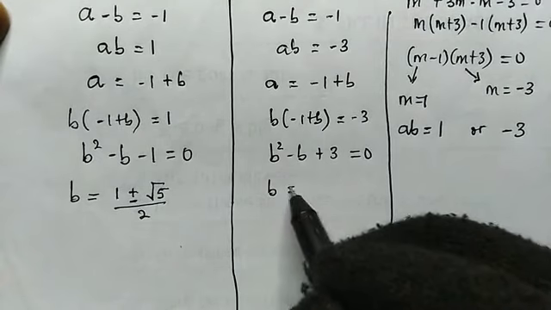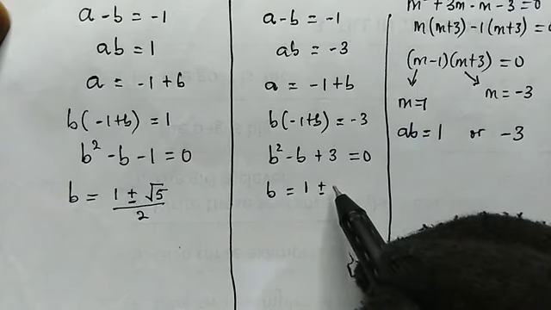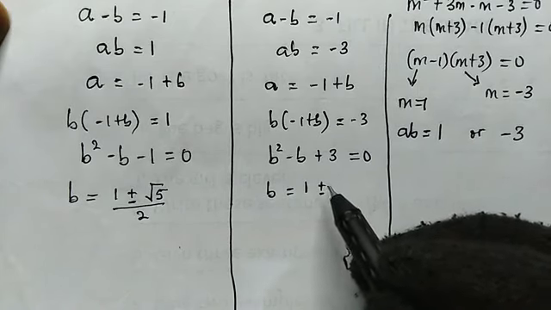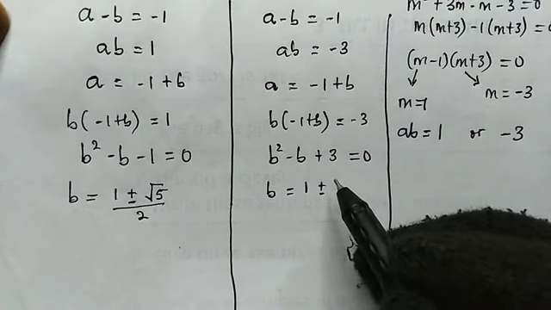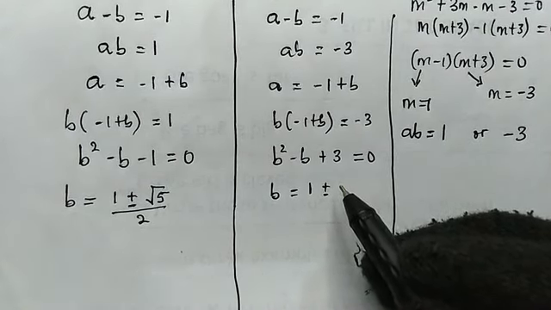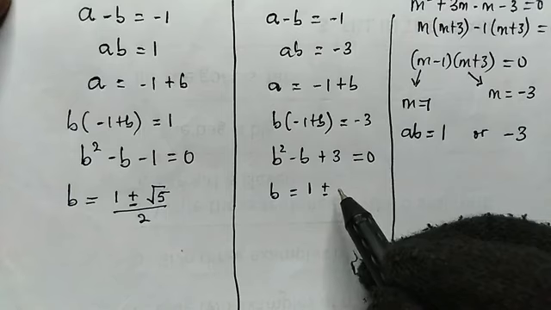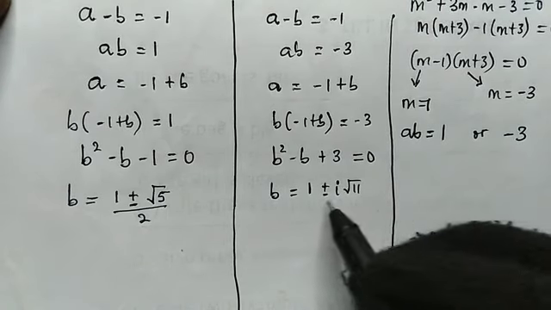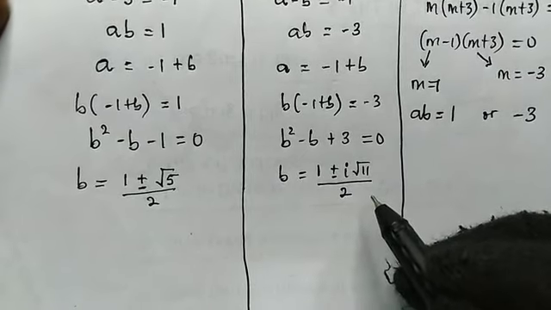And here b will be equal to 1 plus or minus the square root of 1 minus 12, which is negative 11, which is i square root of 11, then divided by 2, right?